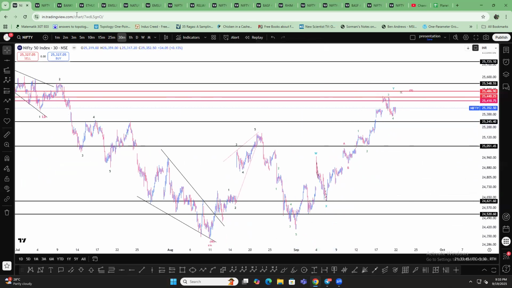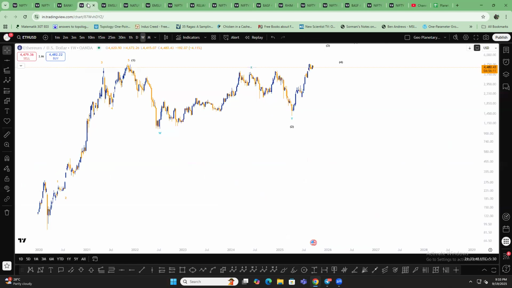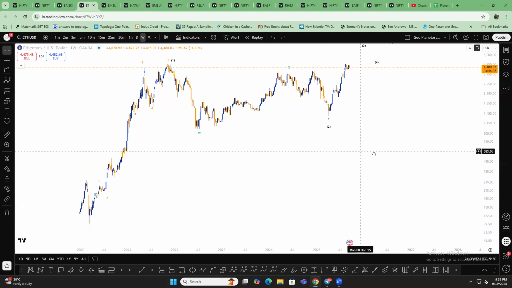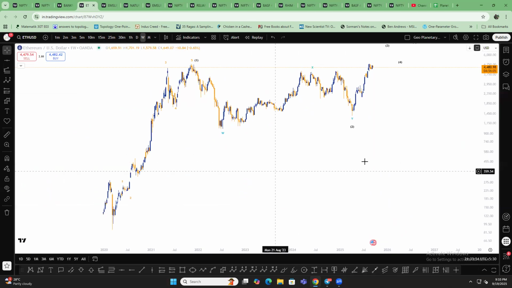Now let's move on to some important cryptocurrencies, starting first with Ethereum. See what Ethereum has done. This is 1, 2, 3, 4, and 5, completing wave 1 and a long flat correction. This is a double three correction, which is flat.